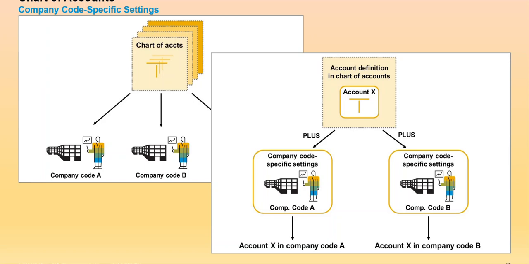Before you can use an account in a company code, you have to maintain the account definition at the chart of account levels. You then create company code specific settings, which are only valid in the company code. An example of a company code specific setting is defining account currency.